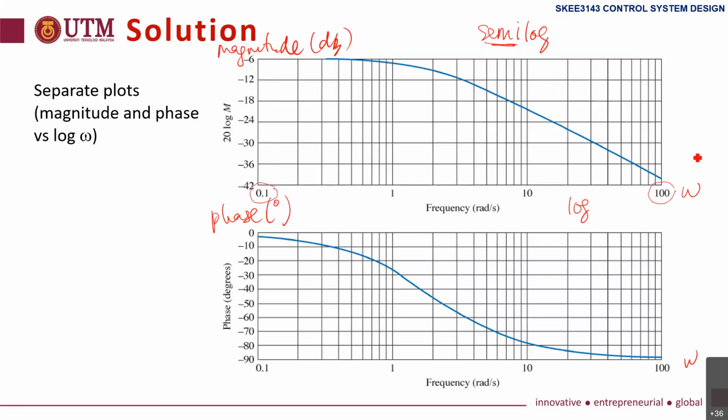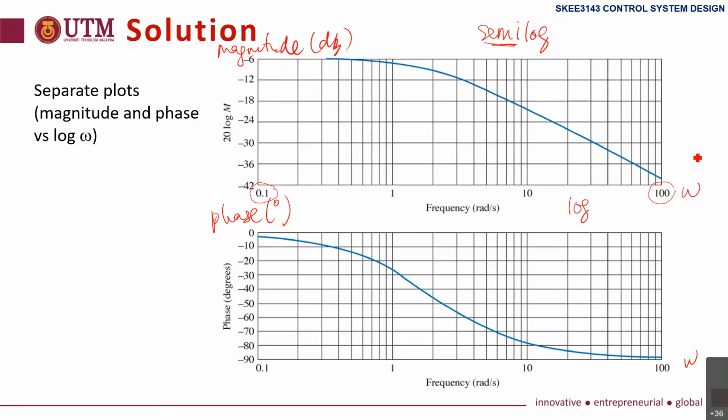If we use a normal scale, how can we have 0.1 and then 100 or 1,000? In fact, you can go to 10,000. We cannot cover a wide range.